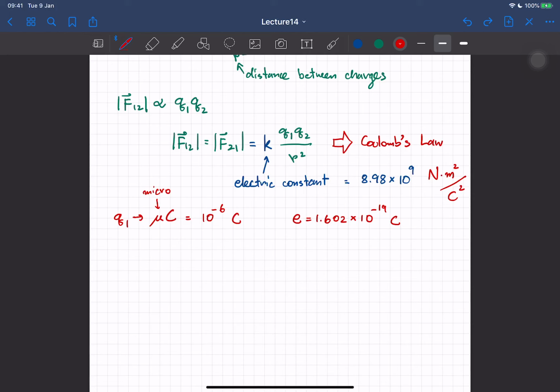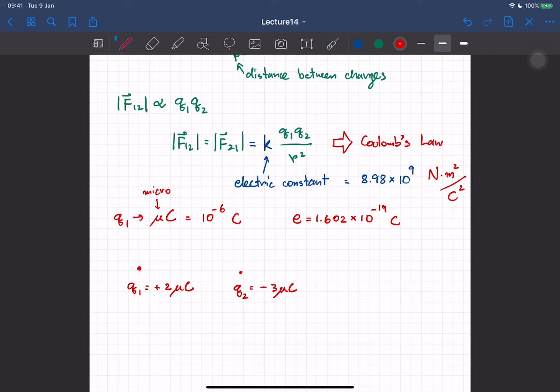So let's do some very basic example. Let's say you have one object here where Q1 is given by plus 2 microcoulomb, and then you have another charge, Q2, which is now negative 3 microcoulomb.